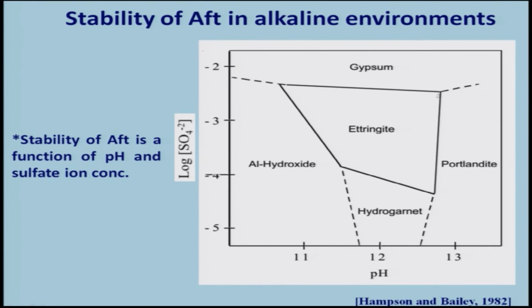In terms of x axis you find that ettringite is stable somewhere between 10.8 pH to about 12.8 or 12.9 pH. Likewise, the sulphate concentration ranges from minus 2.3 to about minus 4.3.